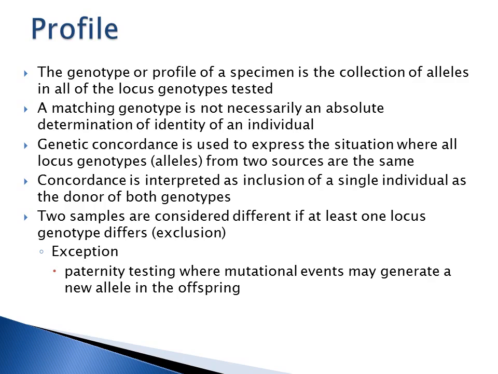Genetic concordance is used to express the situation where all locus genotypes or alleles from 2 sources are the same. So concordance is interpreted as inclusion of a single individual as the donor of both genotypes. 2 samples are considered different if at least one locus genotype differs, and this would be exclusion.